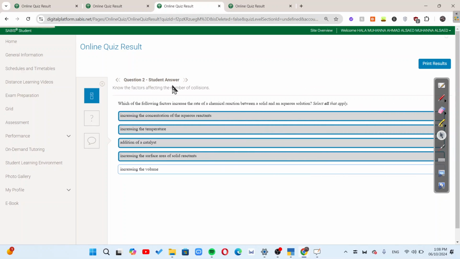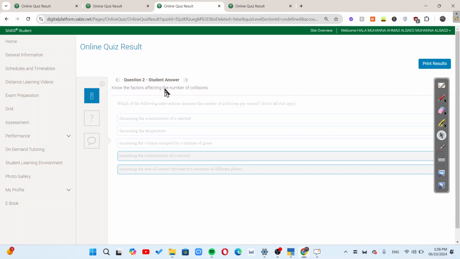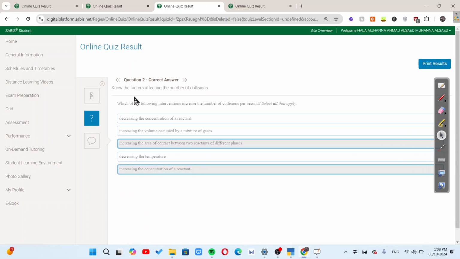Now let's go on to question 2. Which of the following interventions could change the number of collisions per second? Decreasing the concentration, no, we need to increase concentration, so definitely not. Increasing volume, we said whenever you see volume, we don't touch it.